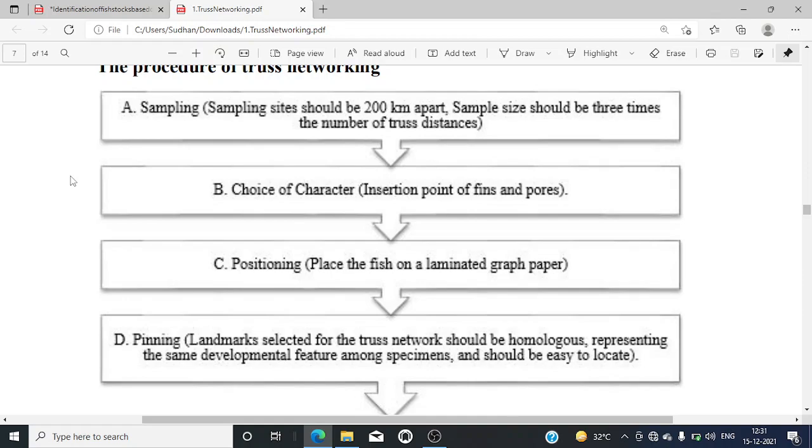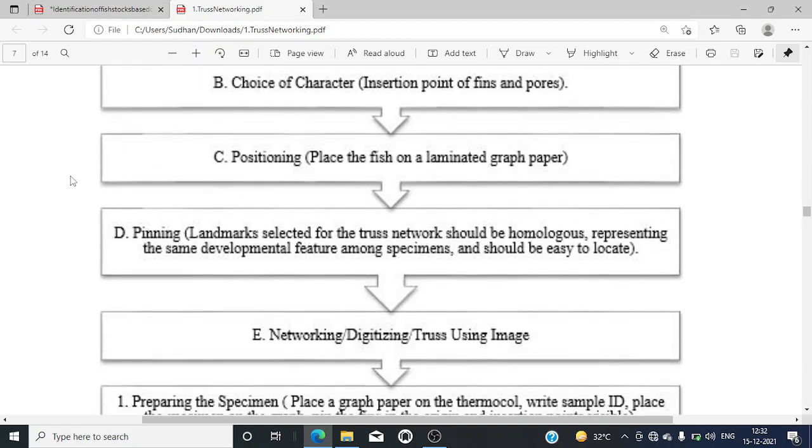So laminate your graph paper, or place it under some polythene sheet, so that you can keep the specimen over the paper and pin it, so that the specimen looks as it is in live condition. You need to stretch the sample, and then pin it for taking the landmarks.